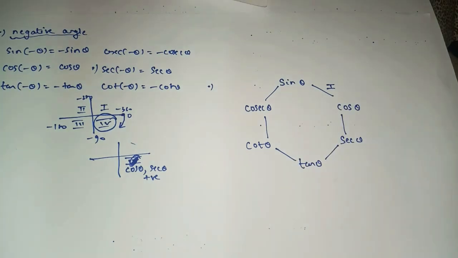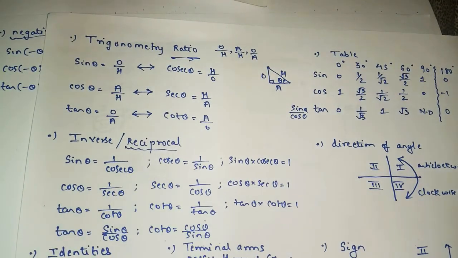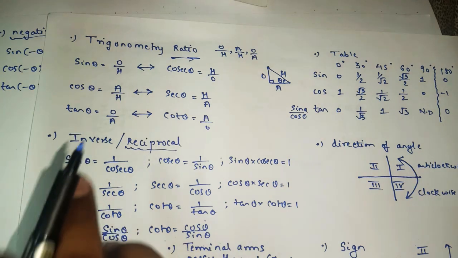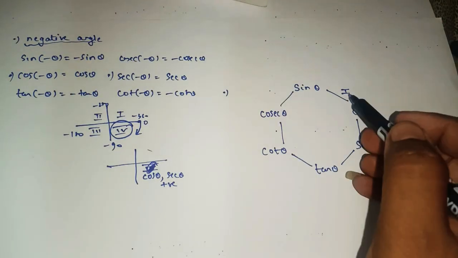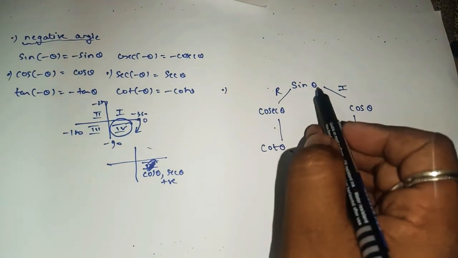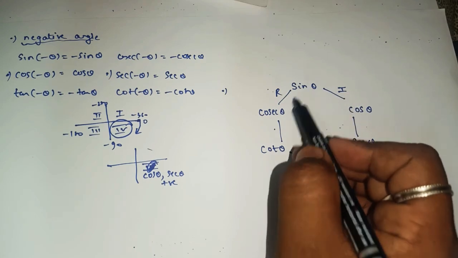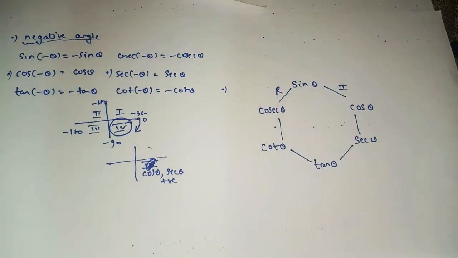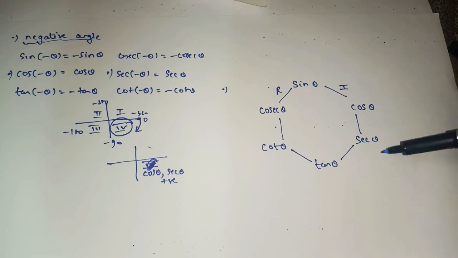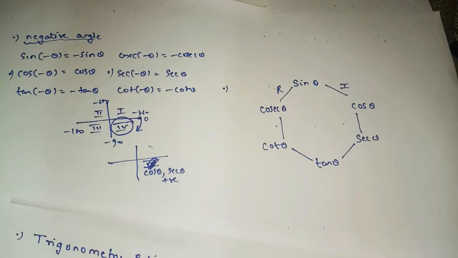And between sine and cosec it is the reciprocal formula, or we can say inverse. Already I took I for identity, so I will take R for reciprocal. The relation between sine and cos is the identity formula, and between sine and cosec it is the reciprocal formula. The same way, for cos and sec it is reciprocal.